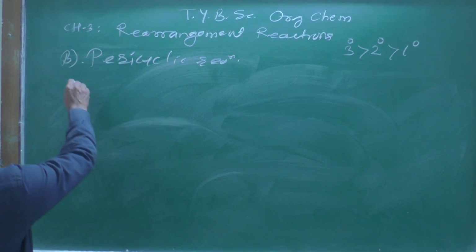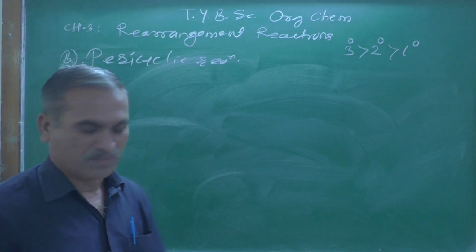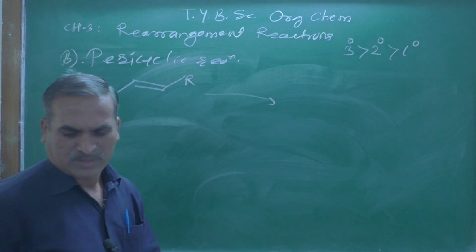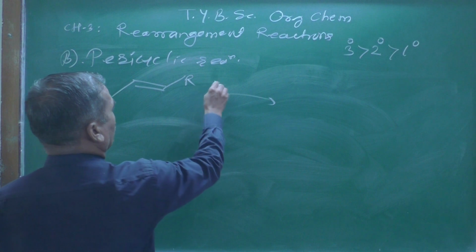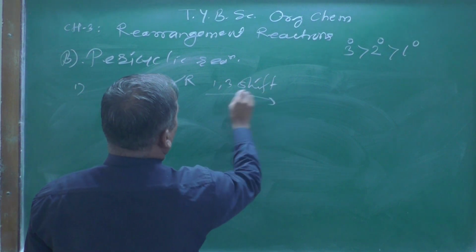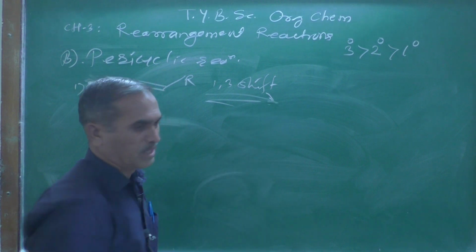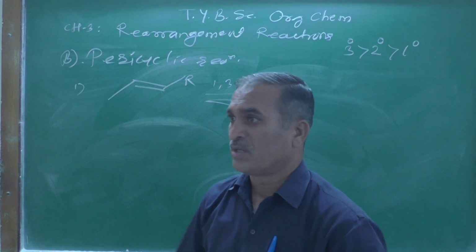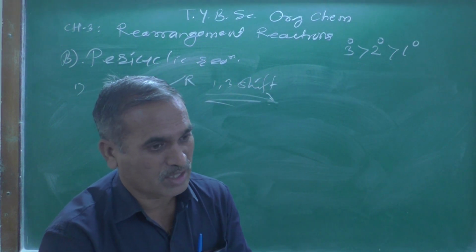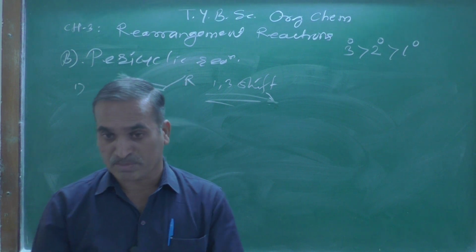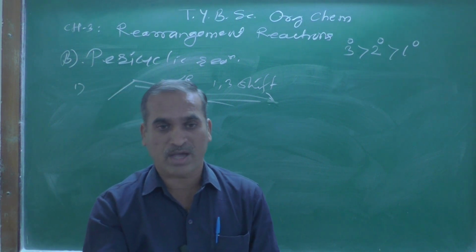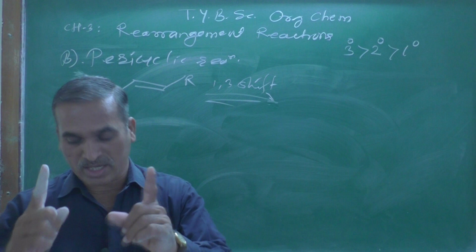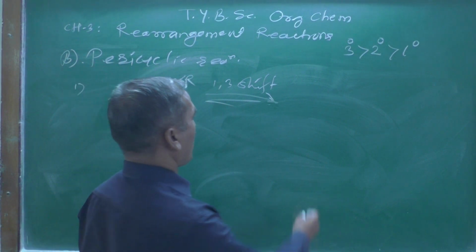Let us see the first one. Suppose we have a substrate like this, with a double bond, and here is R, then on the arrow there is a 1,3 shift. They are reversible reactions. All pericyclic reactions are reversible, meaning the product can be converted into the reactant or the reactant into the product; both forward and backward reactions are possible, and they are highly specific.